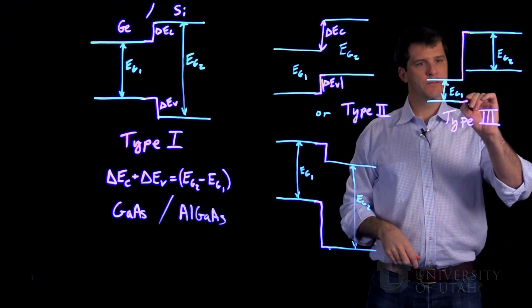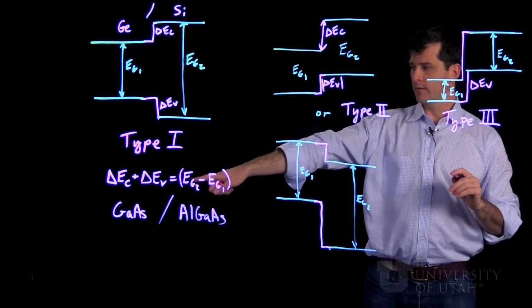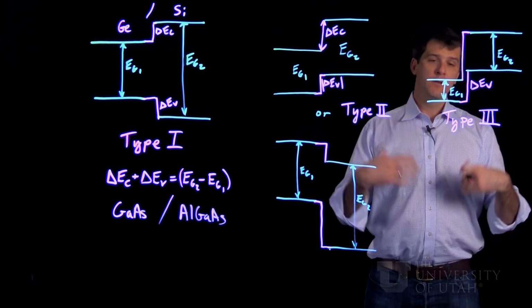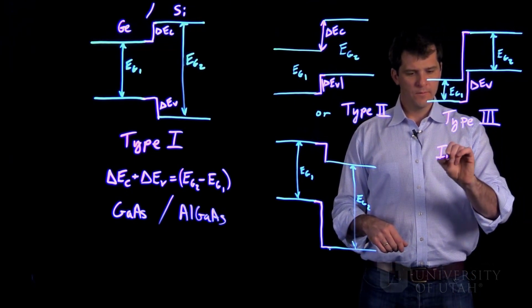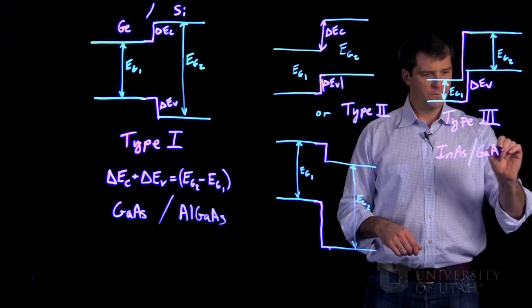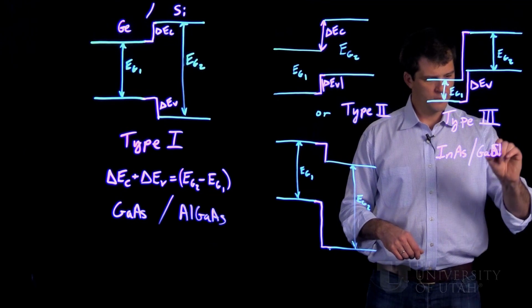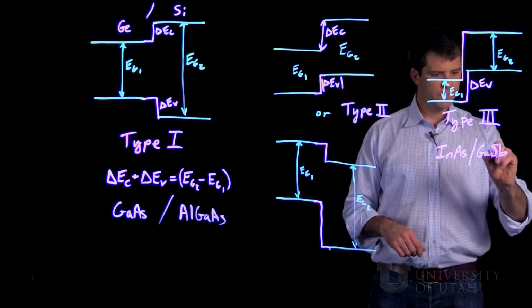And then a very large negative delta EV to bring that equation into agreement. The sort of canonical example of this is indium arsenide, gallium antimonide, which is used sometimes in infrared detection and emission.